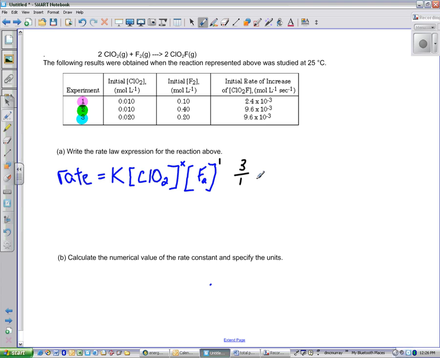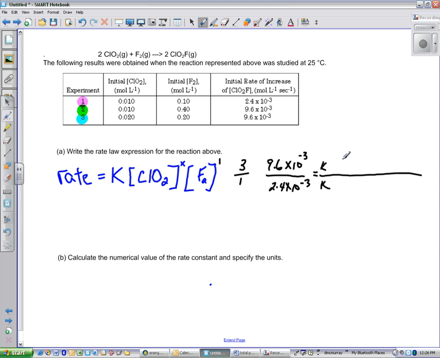Now this isn't quite exactly as nice and clean as the other because both the F2 and the Cl2 change simultaneously, right? And so we're going to take 3 and divide it by 1. So I'm going to put the rate, which is 9.6 times 10 to the negative 3, divided by the 2.4 times 10 to the negative 3. And then we have our k's, which are going to end up canceling.